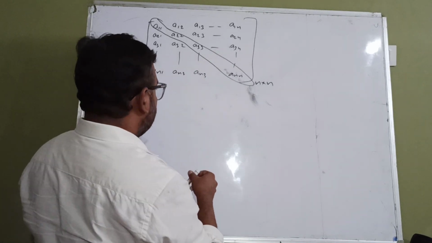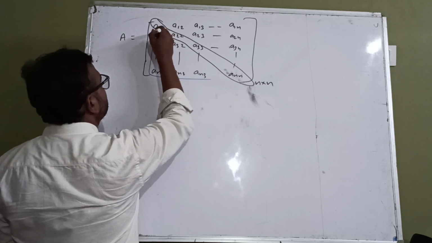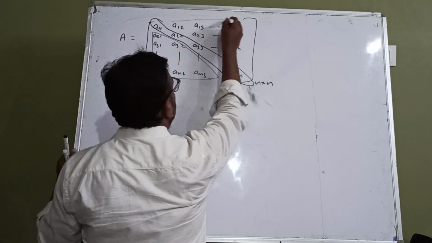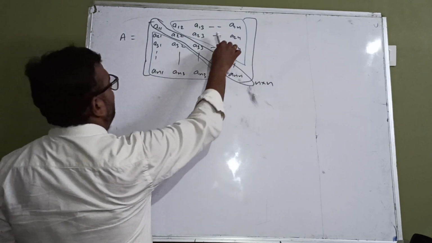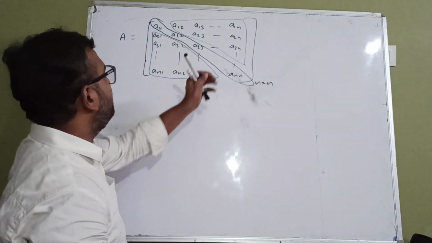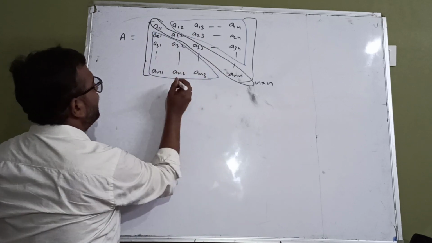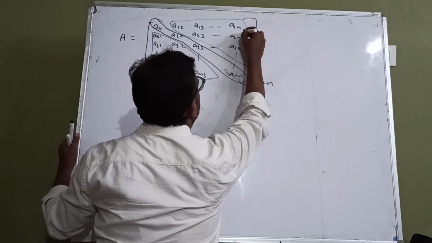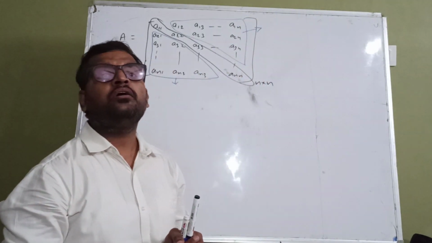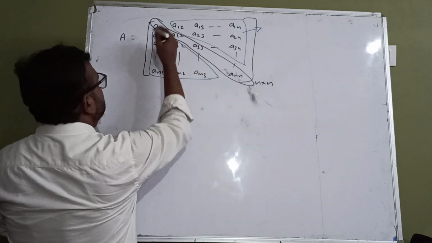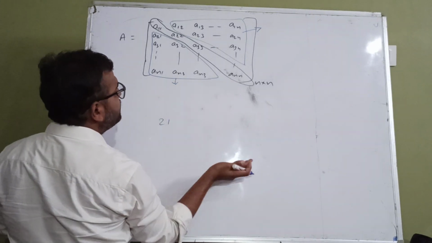Now one very important result we are going to discuss: the elements below the diagonal elements and the elements above the diagonal elements. Whatever the number of elements below the diagonal and whatever the number of elements above the diagonal, both are the same. We can say here if A21 is there, then what is the opposite of this one?